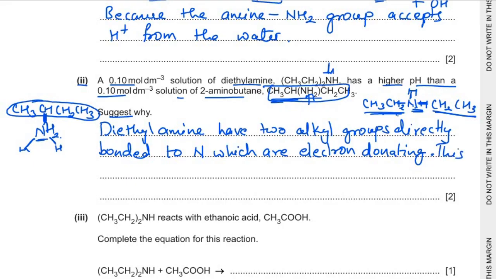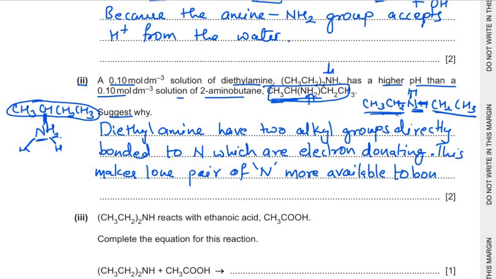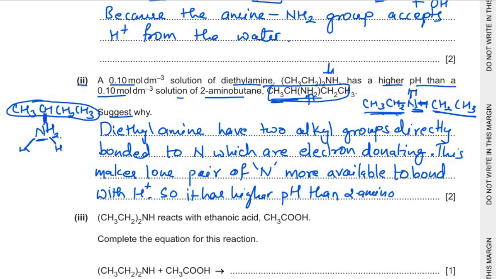This makes the lone pair of nitrogen more available to bond with H plus, so it has higher pH than 2-aminobutane, which has only one alkyl group bonded to it.